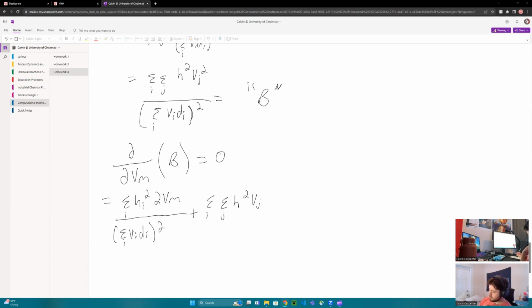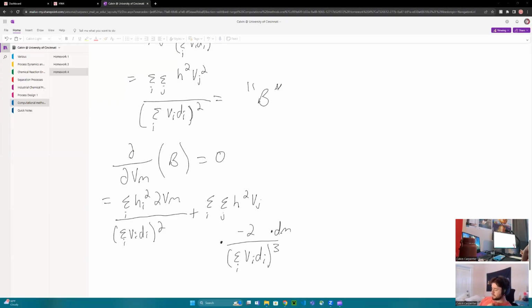And this is going to be multiplied by, so that -2 is coming from right here. And then I'm going to have this. We're going to be left with this as our partial derivative. Actually, this value is going to be squared.